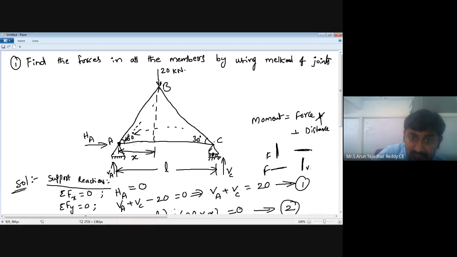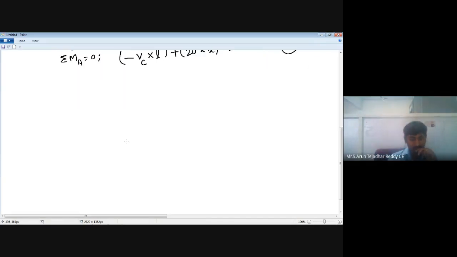Remember from your mathematics, what is the property of a right angled triangle?